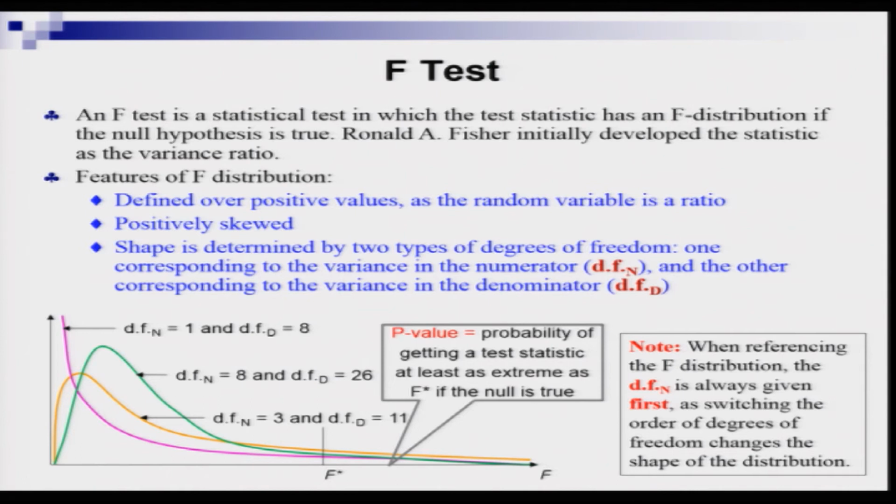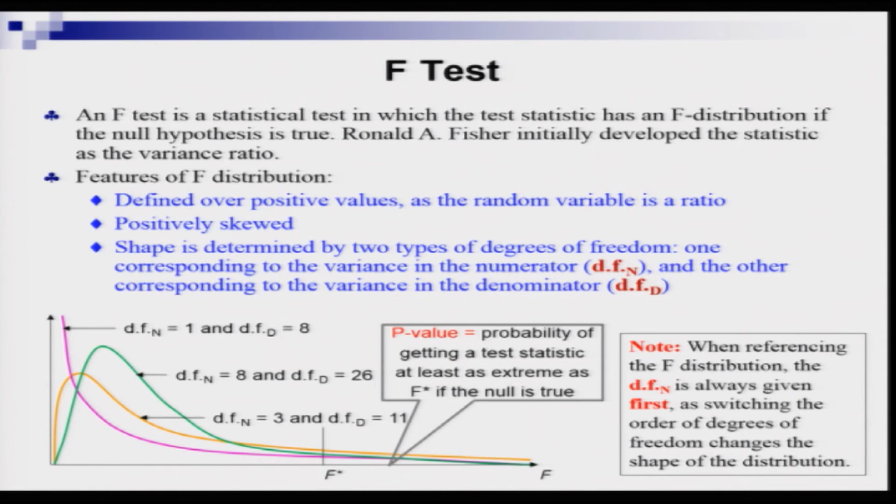So, you have to look at the column first, and once you fix the column for the numerator degrees of freedom dfn, then you have to come to the row for dfd, which is the degrees of freedom for the denominator. And this is very important. Why? Because switching the order of dfn and dfd will have a big impact on the shape of the distribution and the corresponding critical values and probability values.